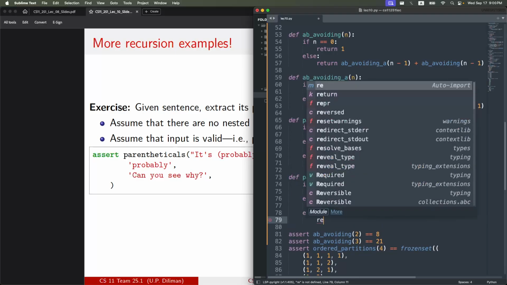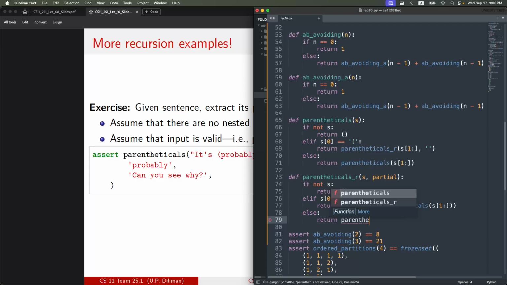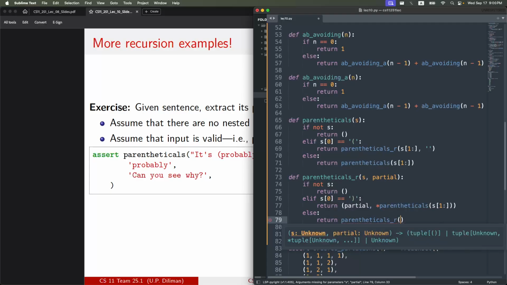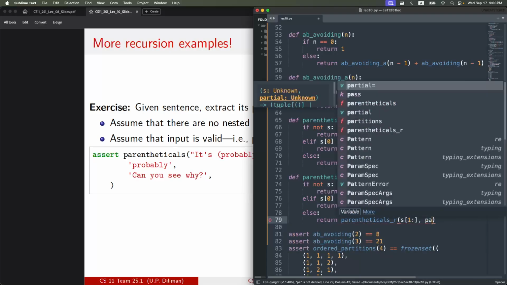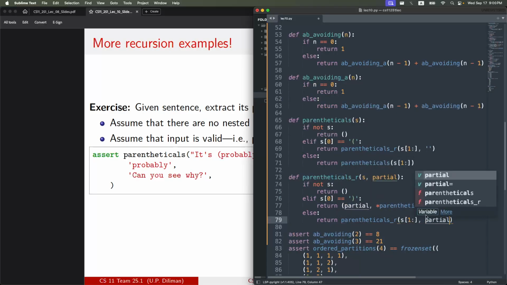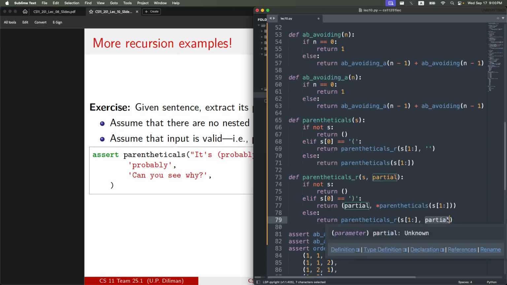Otherwise, we return parentheticals R for the rest of the string. So this corresponds to, sorry, partial plus S0. There we go.